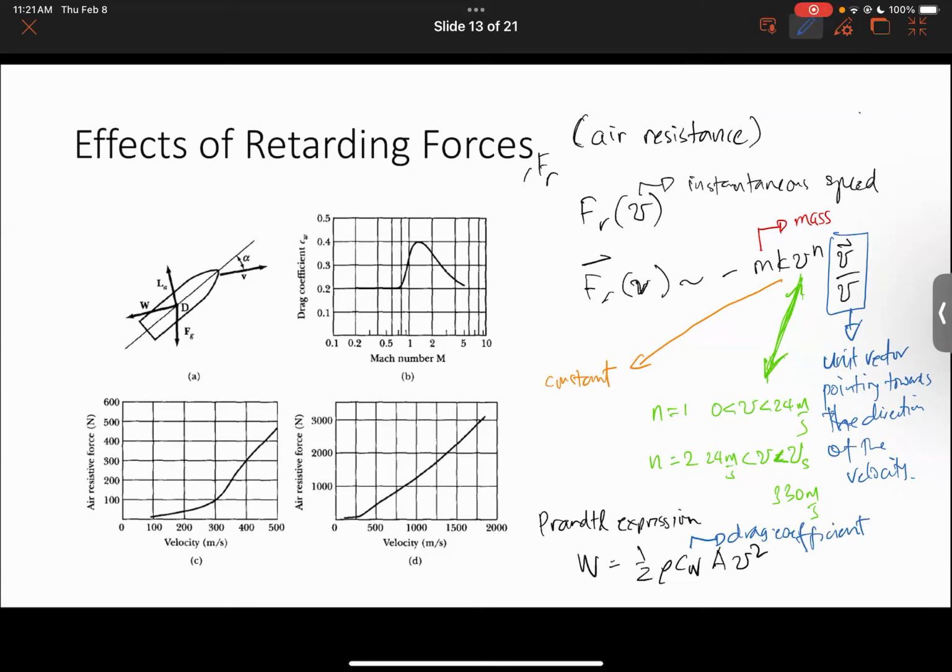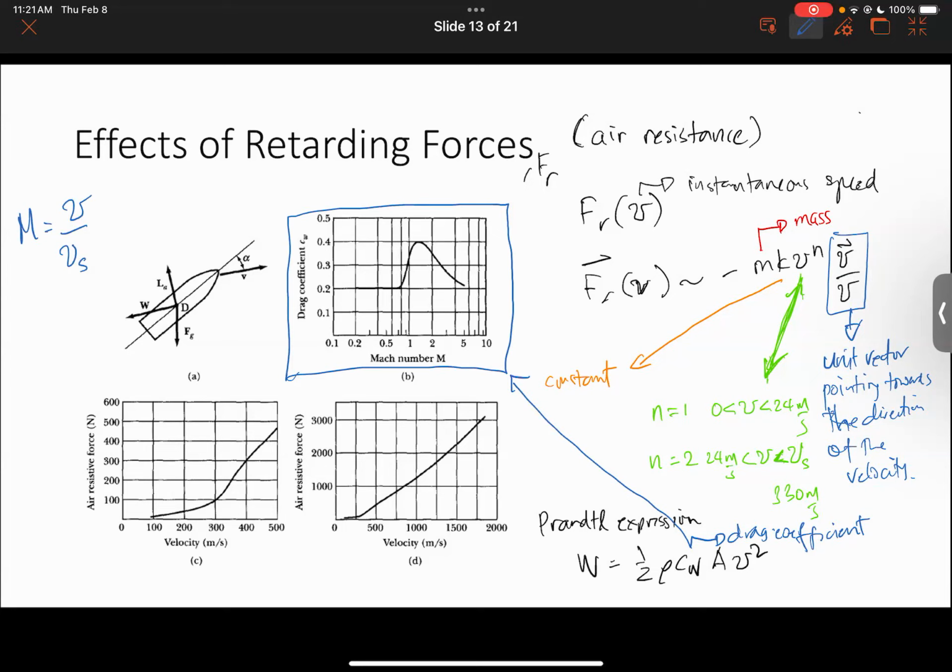And yun yung nakikita nyo rito. So ito ngayon yung CW. Yan. Yan yung CW. Okay? Ano yung Mach number? Yung Mach number is just the speed of an object divided by the speed of sound, which is 330 meters per second. So pag sinabing Mach 1, ibig sabihin equal yan sa speed ng sound.